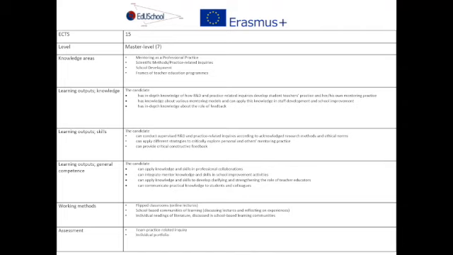So you can see here the knowledge areas, learning outcomes skills, learning outcomes general competence, working methods, and assessment. You will also find this in the document, so I will not take time to discuss each one deeply. But this is a general model that we think can be adapted to various settings.